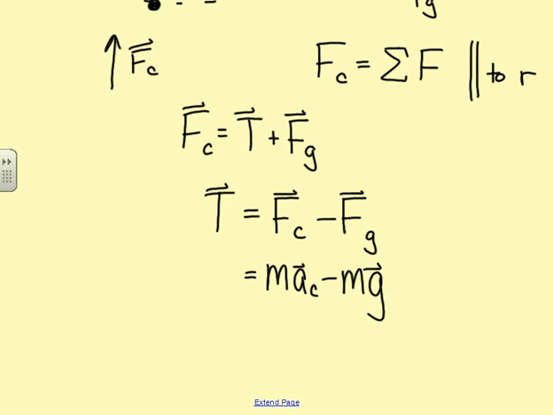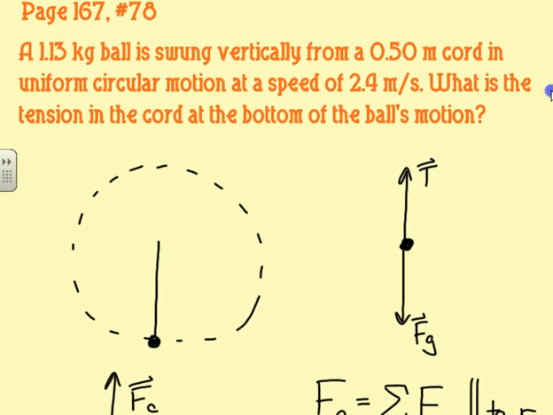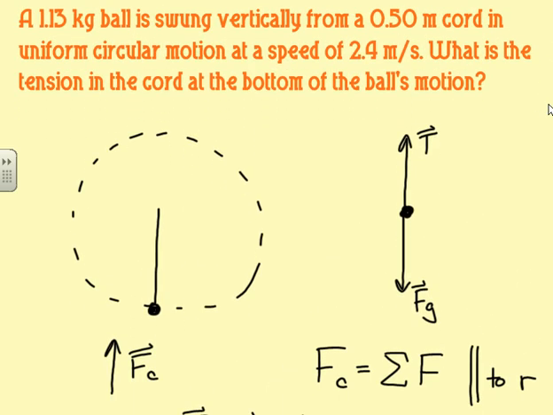Let's go ahead and find the centripetal acceleration based on the information we're given. We know that the speed is 2.4 meters per second, and the radius is going to be 0.5 meters. As you can see in my diagram here, that's the length of the cord. It also happens to be the radius of my path.